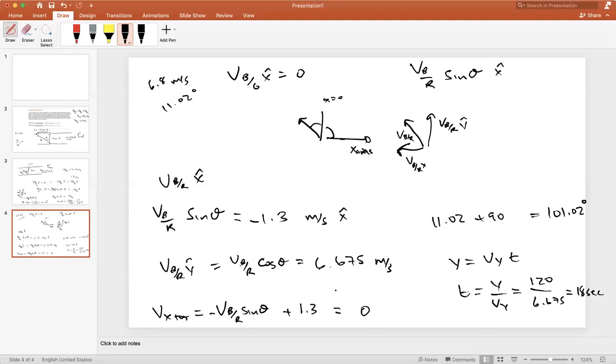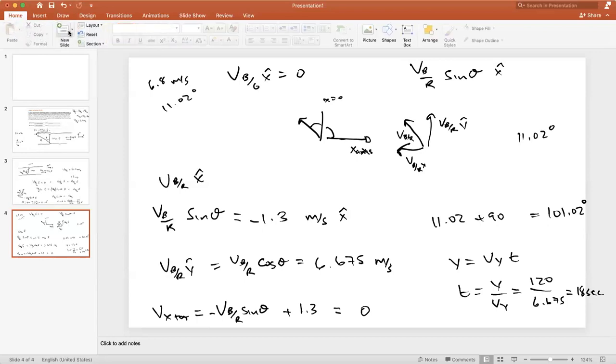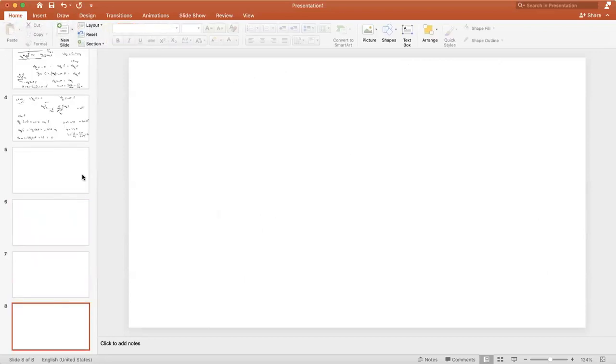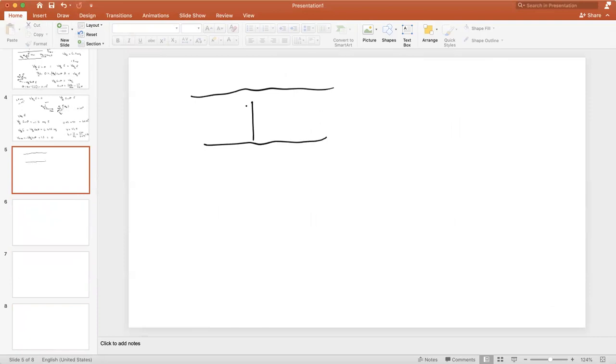So our motion is we're basically having to fight the current, and we can see that just to get across to the other side, we've got to add 11.02 degrees. So what I'm trying to get at here is that if we didn't add that, what would happen as we went across is we would end up going somewhere over here, if we just pointed right across the river.